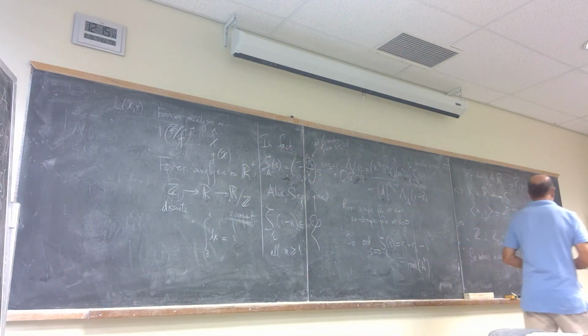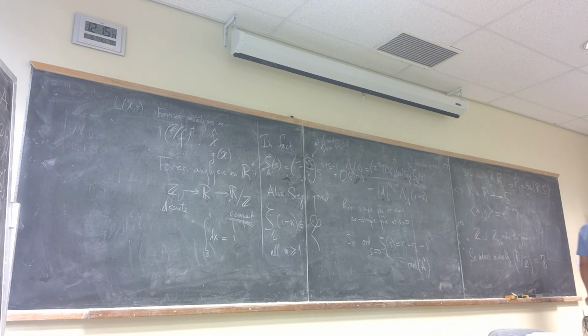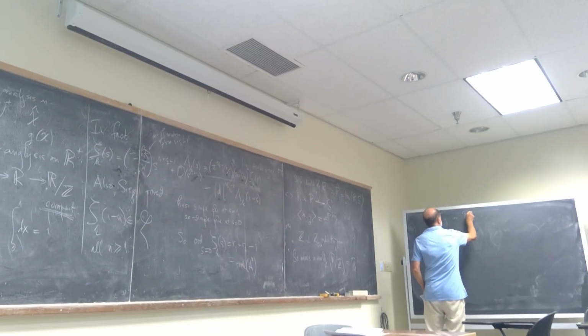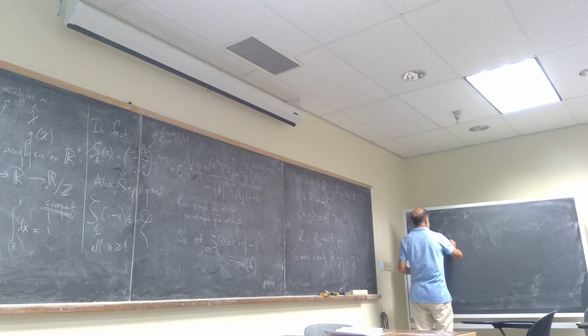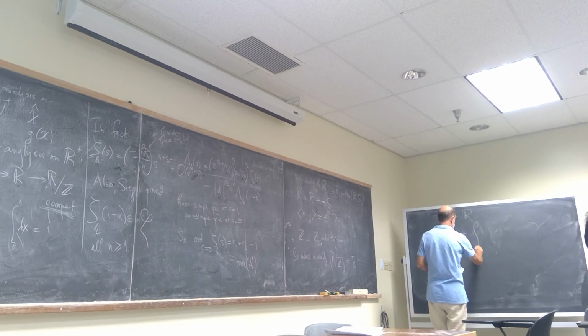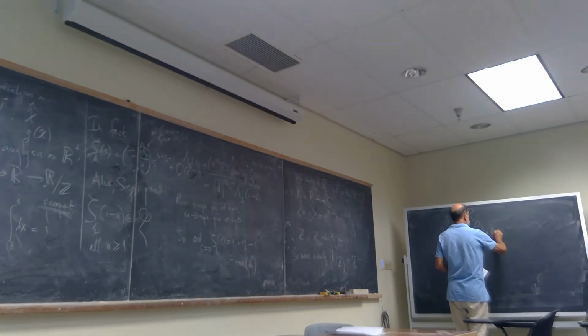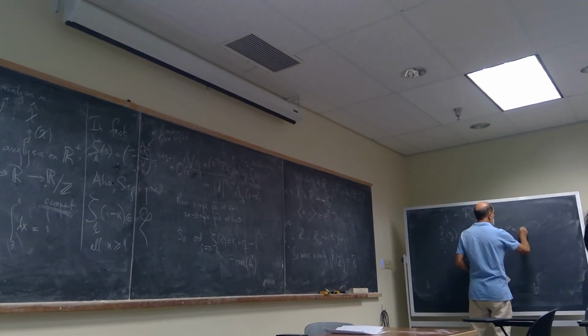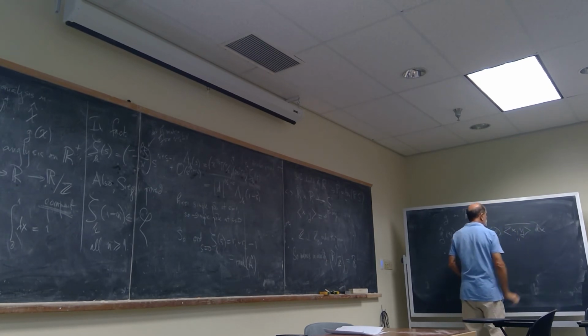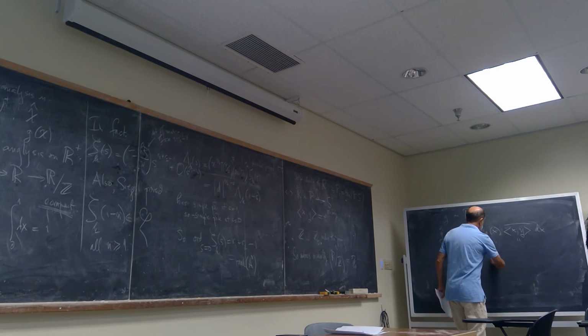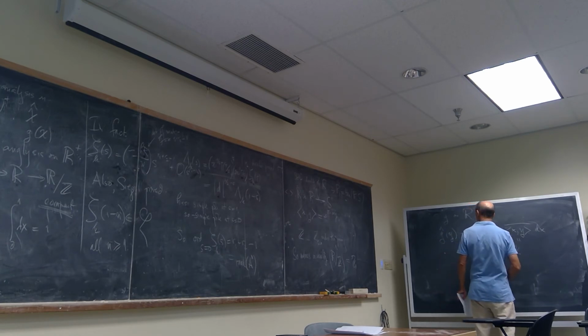So what does the Fourier transform look like once we've set up this duality? If we have a function g on R, the Fourier transform g hat of y is the integral over R, if you can do it, of g(x) times the complex conjugate of the pairing of x and y, dx.